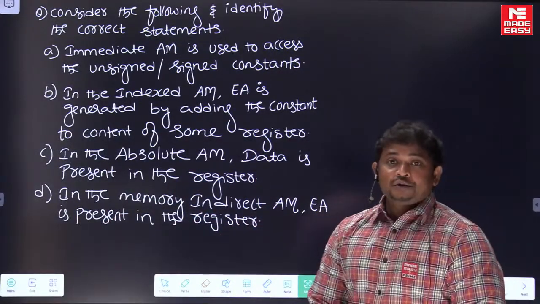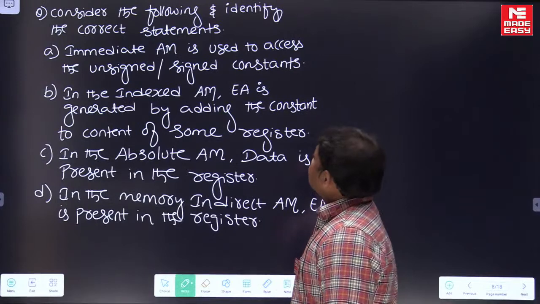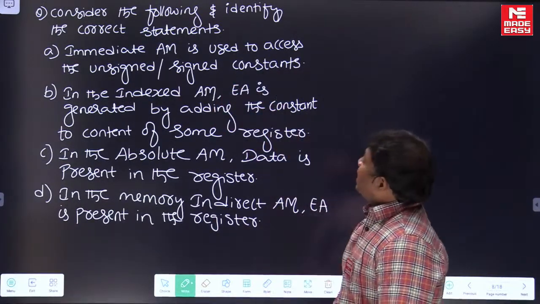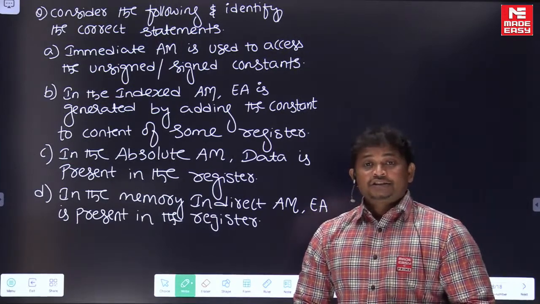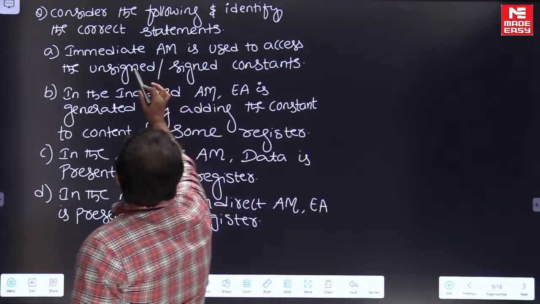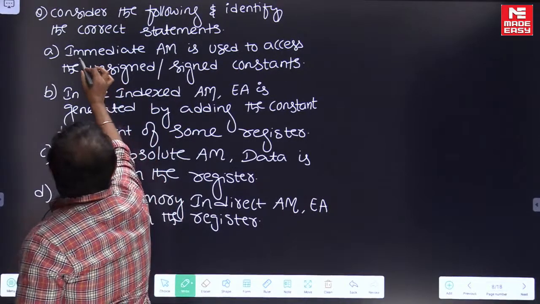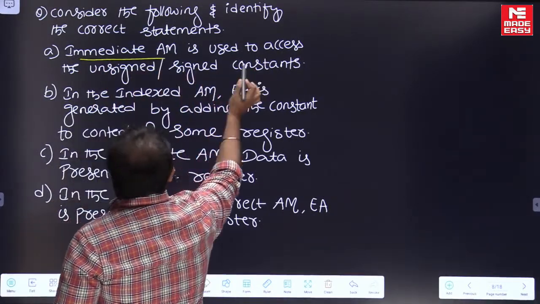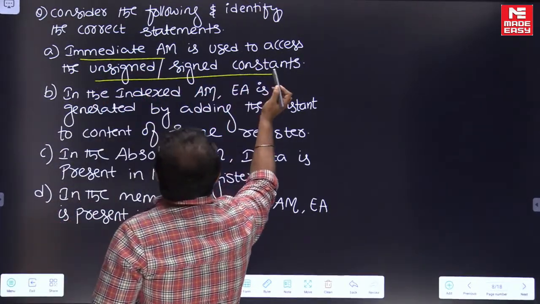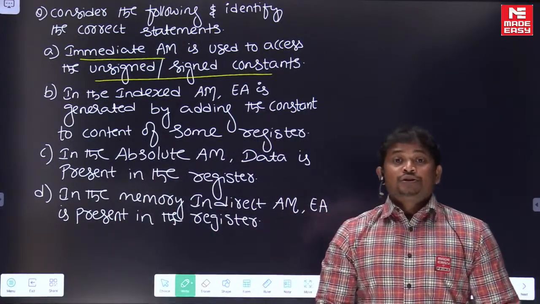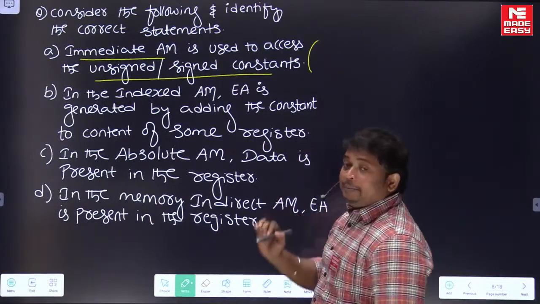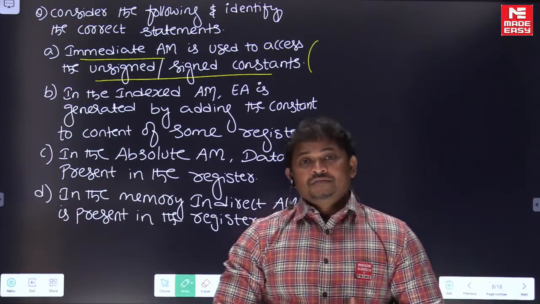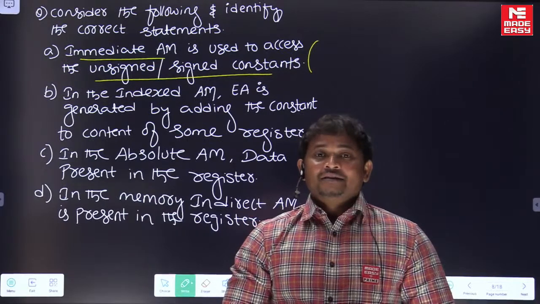Let me read the question. The question is: consider the following and identify the correct statements. First, immediate addressing mode is used to access unsigned or signed constants. Is it true or false? Everyone knows that immediate addressing mode is used to access constants only.